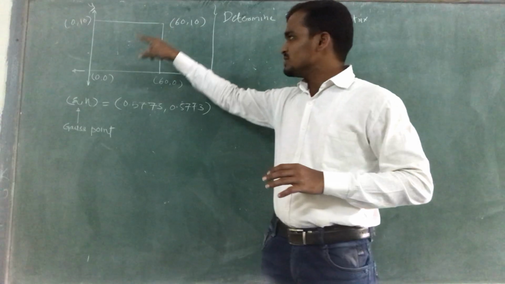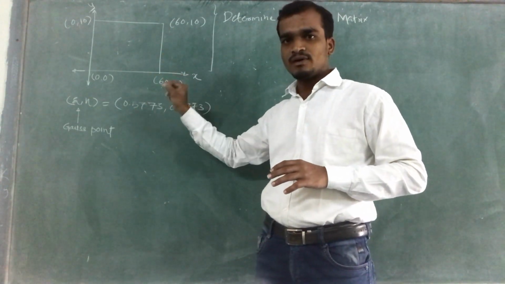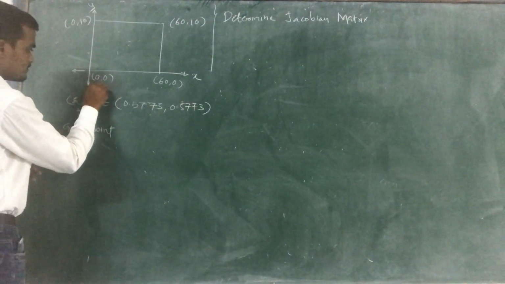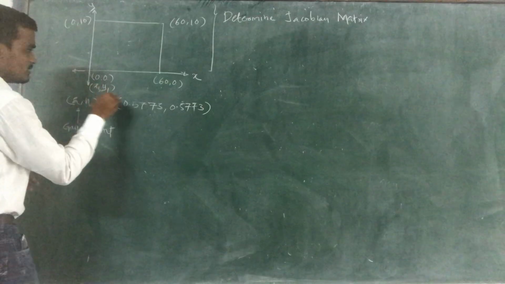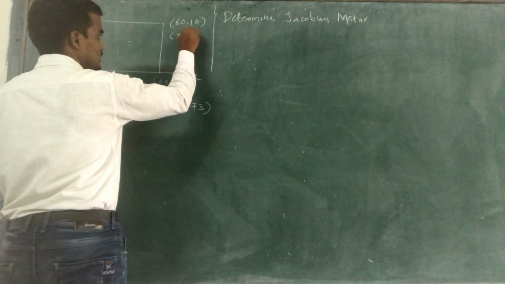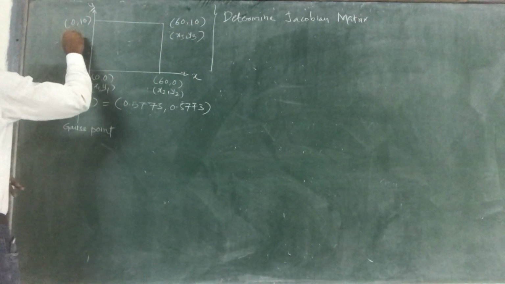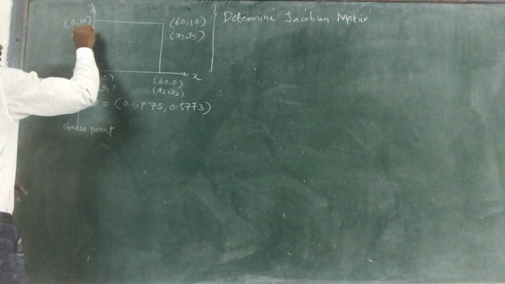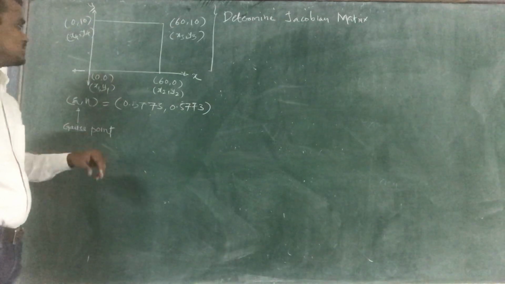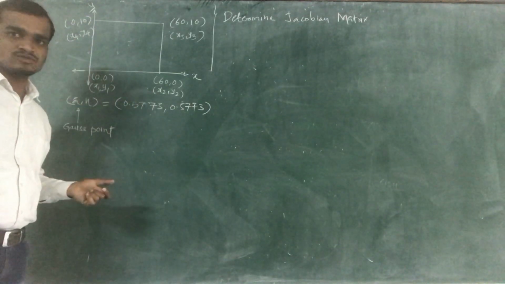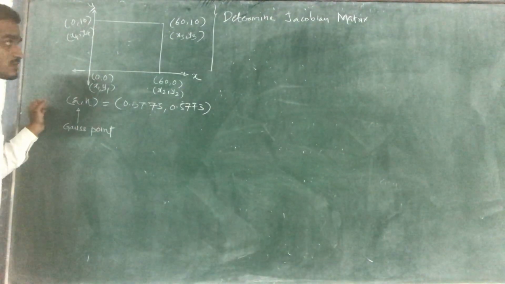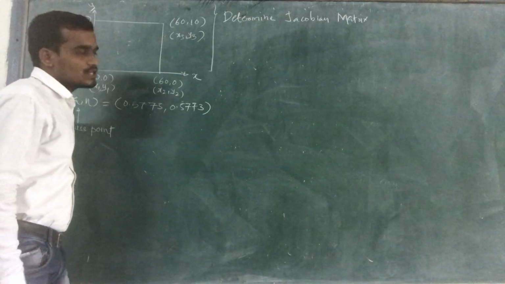Also from this figure you will get the coordinates x1 y1, x2 y2, x3 y3, and x4 y4. The coordinates for all nodes are given, and it is asked to determine the Jacobian matrix.